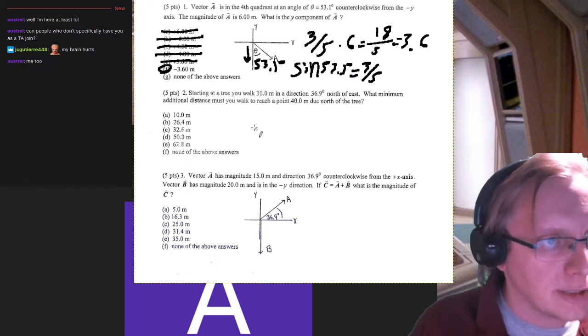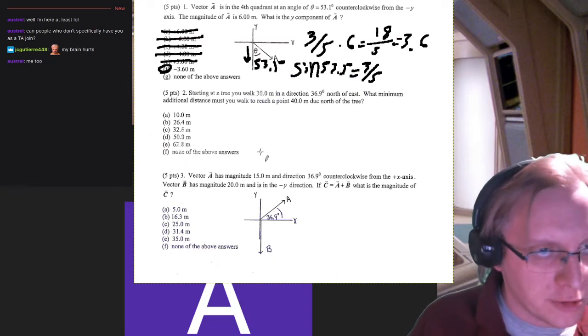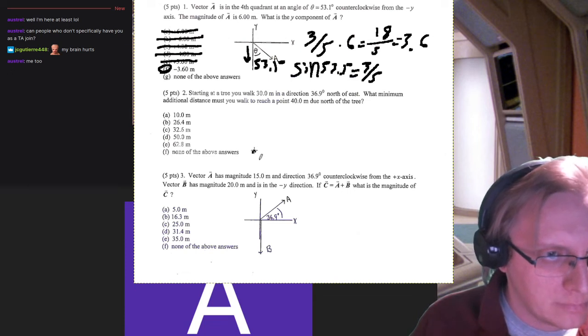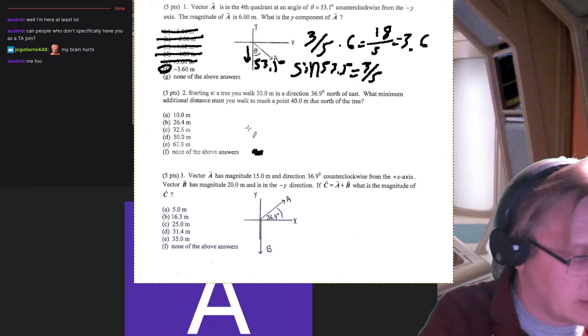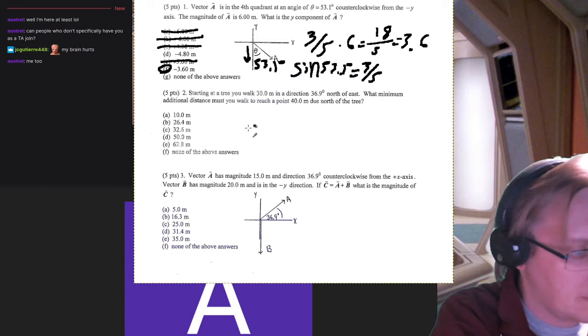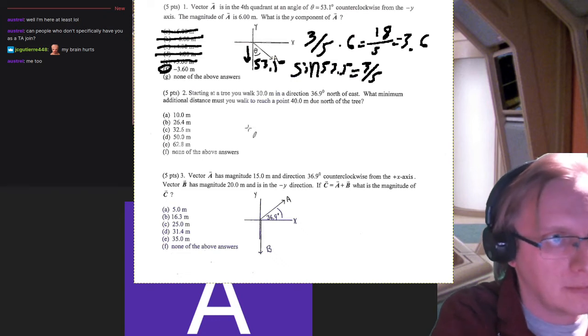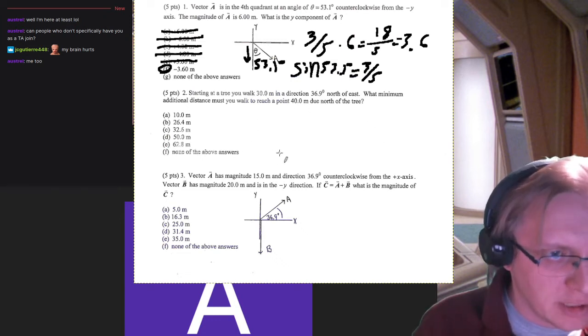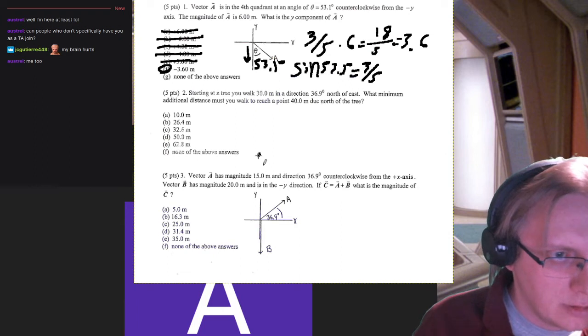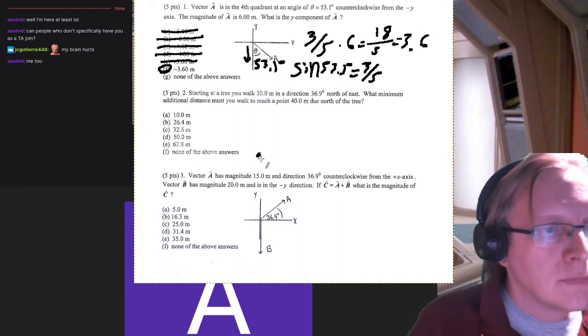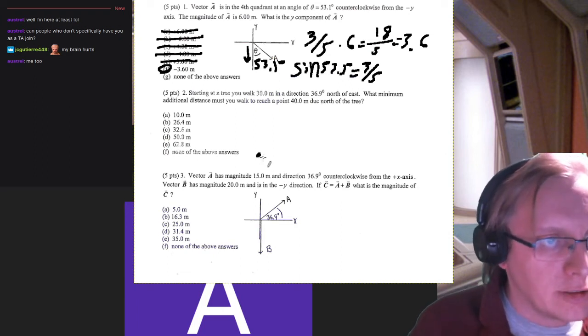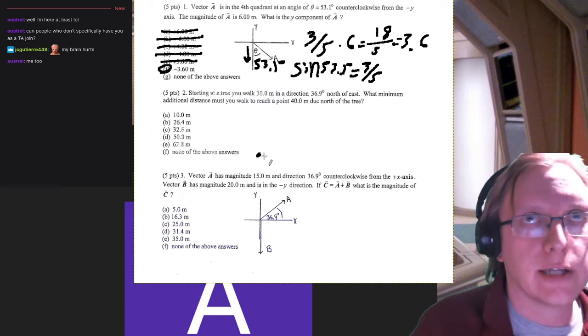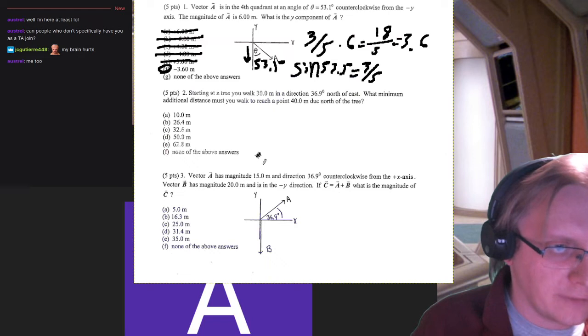All right, next one. So we start a tree somewhere. Control Y. Starting a tree, we go 30 meters in the direction 36.9 degrees north of east. North of east, somewhere in the first quadrant, off this way.